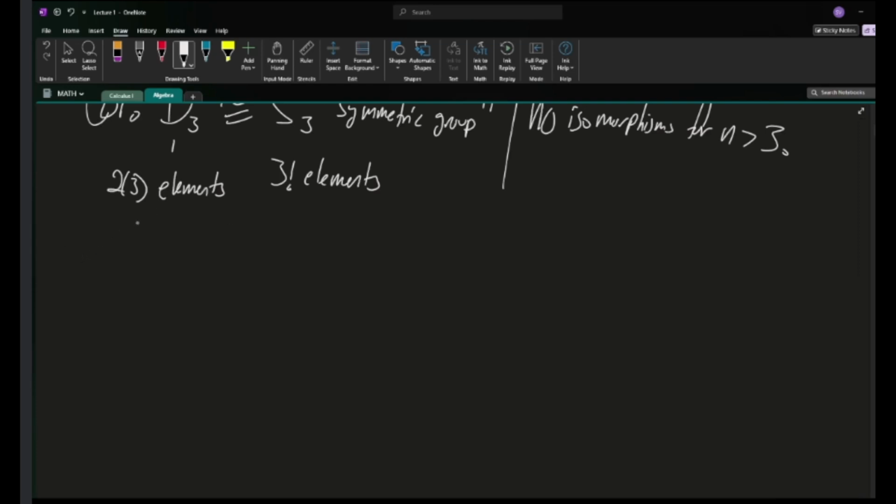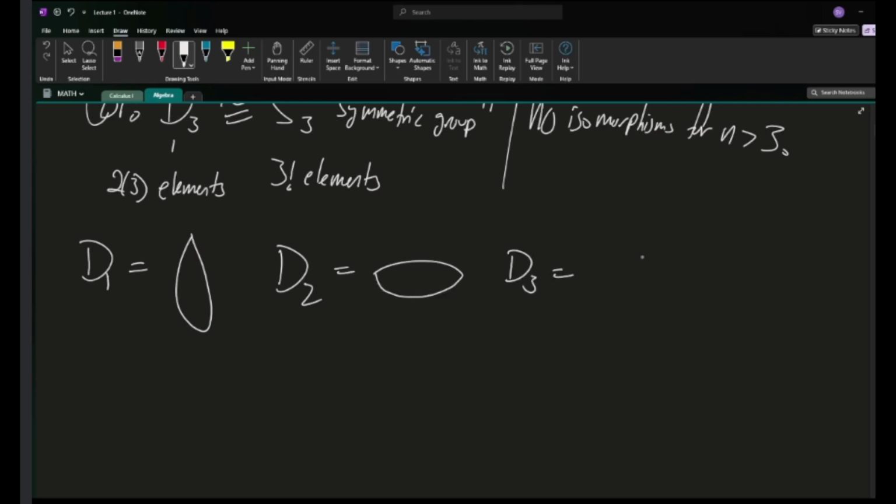And I guess another key piece of information is that D1 is generally denoted as kind of like a teardrop. Let me draw that better. D2 is noted kind of like an eye, like a football. D3 is denoted as a triangle.